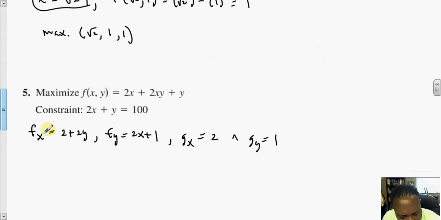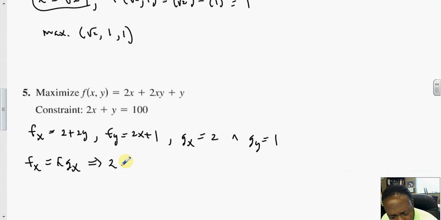So we set 2 plus 2y equal to 2 times lambda.